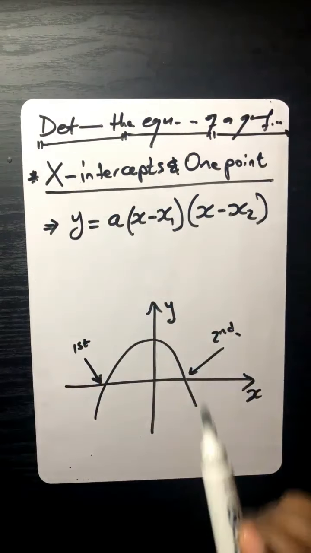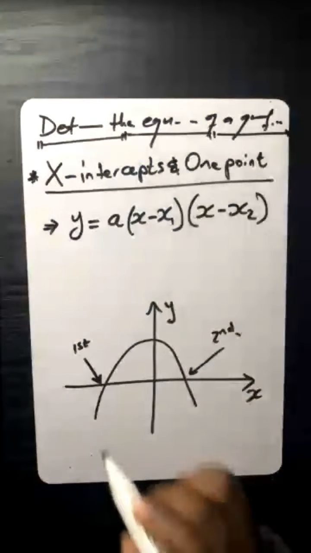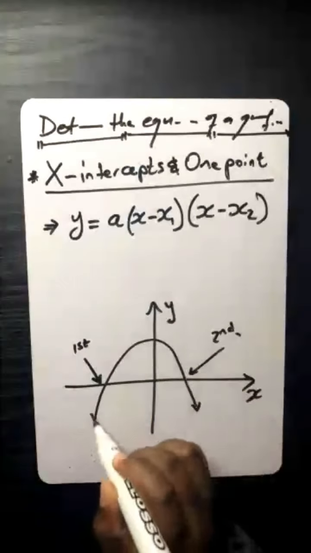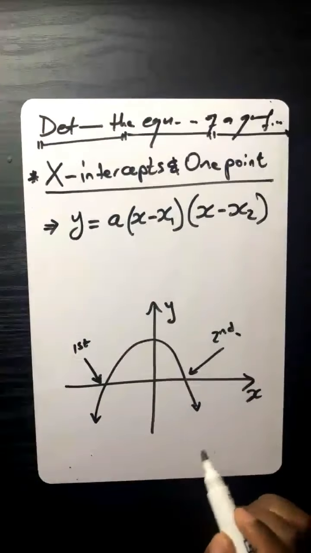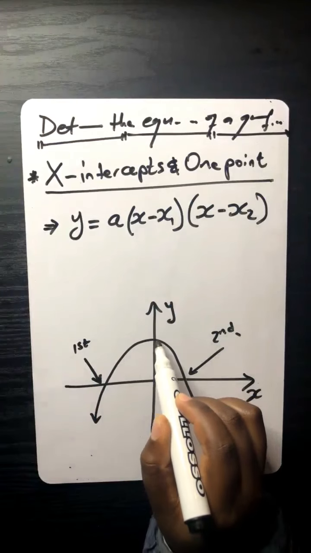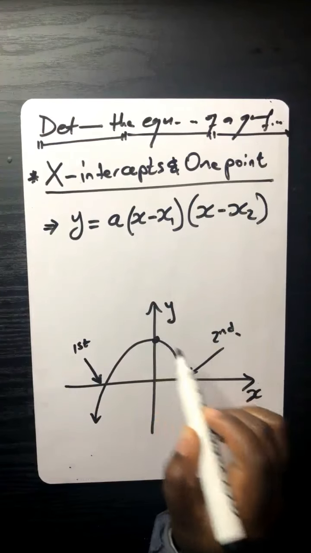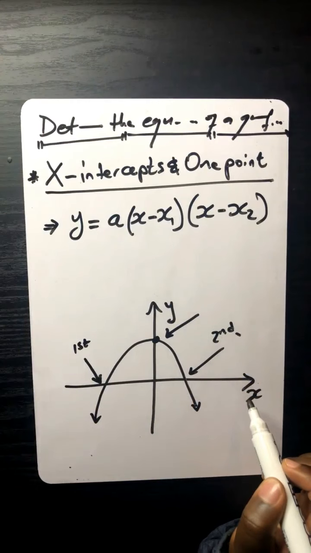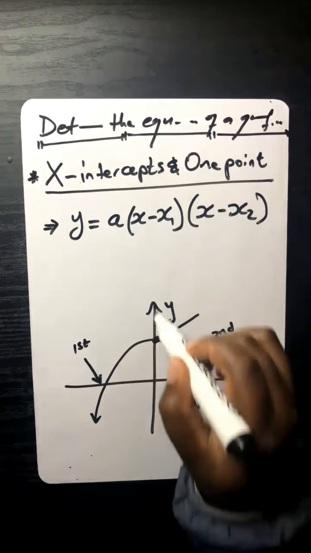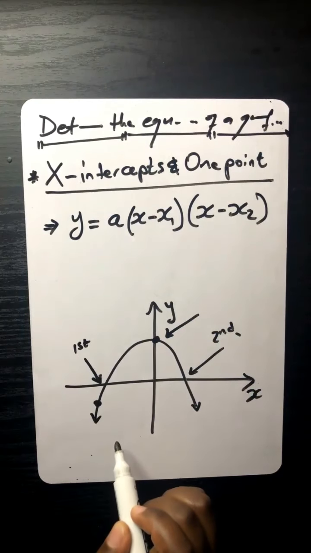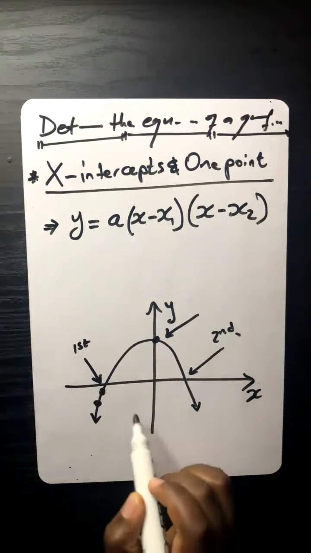When it comes to 1 point, it could be any point along that function. For example, you might be given that point over there, which is a point where this graph touches the y-axis. It could be a point somewhere there, or somewhere there.